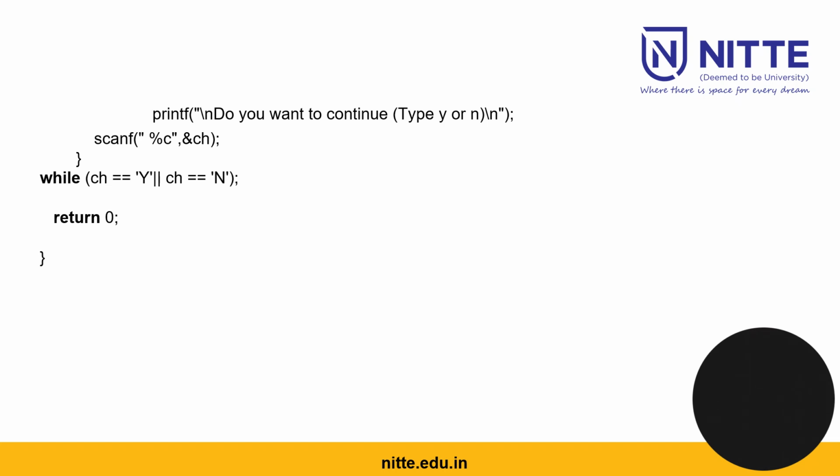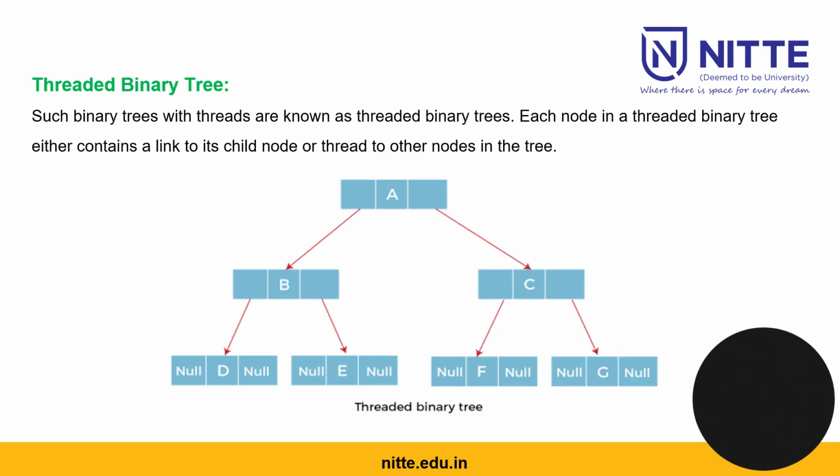So if we enter yes, then it will go again and do the pre or post order traversal. If we enter n, it will stop and return there. So this is about traversal of a binary tree.